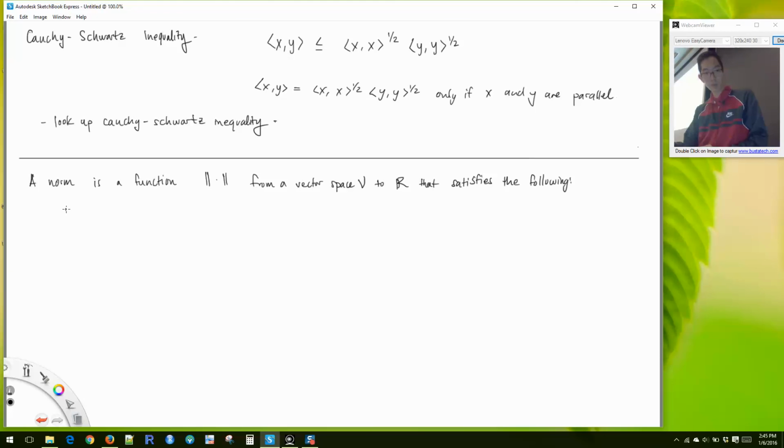If x is not the zero vector, then the norm of x must be greater than 0. And the norm of the zero vector must equal the number 0.